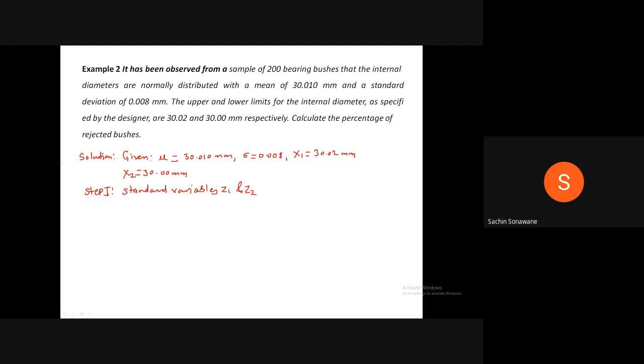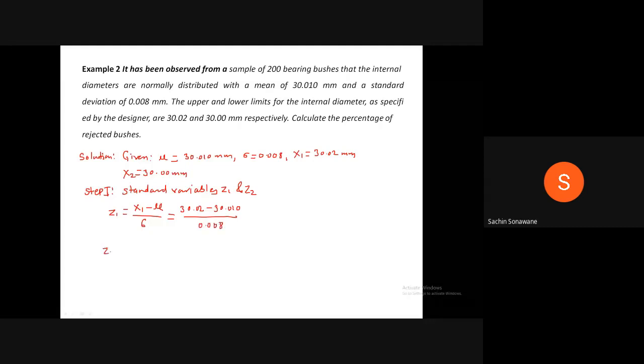Therefore, Z1 is given by Z1 is equal to x1 minus mu divided by sigma, which is equal to 30.02 minus, sorry, this 30.010 should be there, 30.01, divided by sigma, that is 0.008.